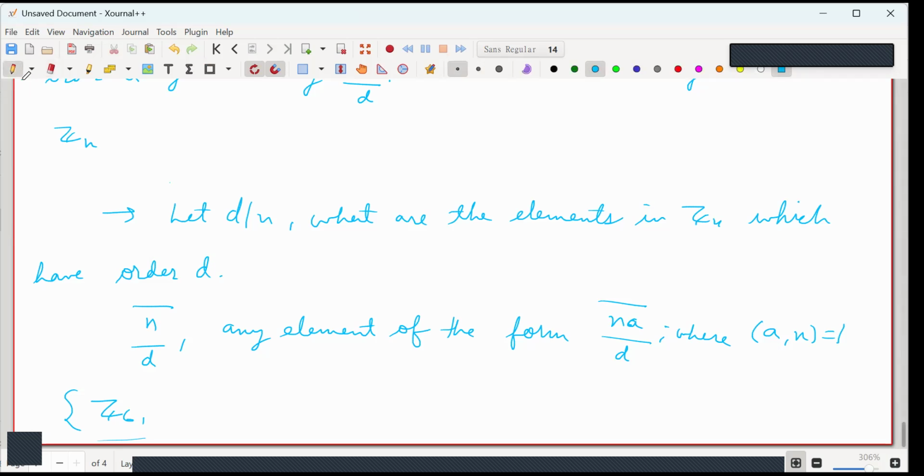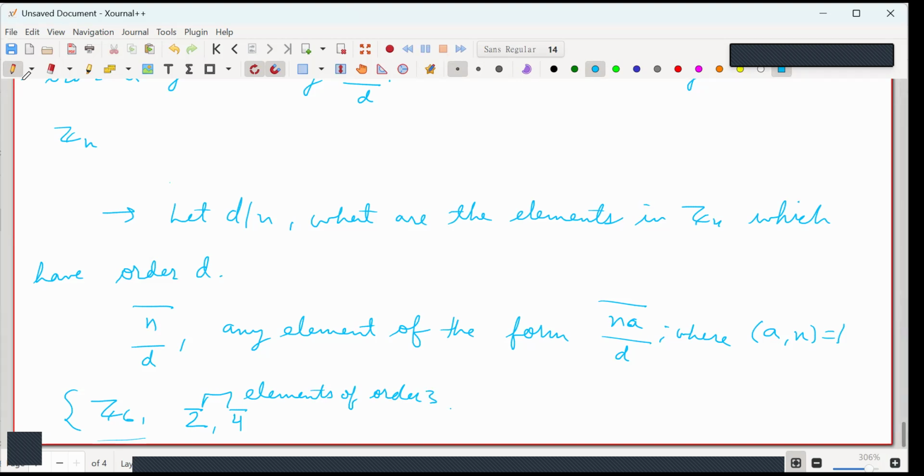What are the elements of order 3 here? 2 bar and 4 bar, right? 4 plus 4 is 8, which is equal to 2 bar. And again, plus 4 is 12, which is identity. So these are the elements of order 3.